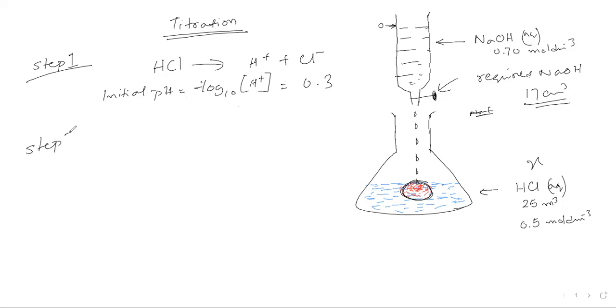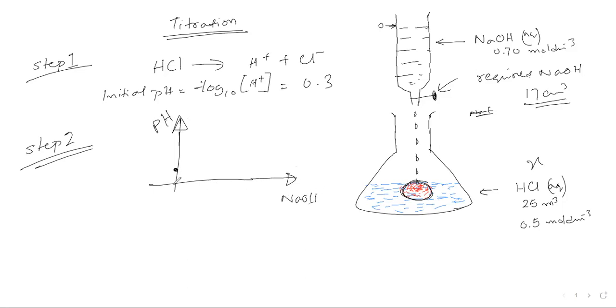Now step two is, as the reaction proceeds, obviously the pH is going to increase. Why? Because the neutralization reaction happens. So HCl is being used up, sodium hydroxide is added. So let's say this axis is the pH chart, and this is the volume of sodium hydroxide.